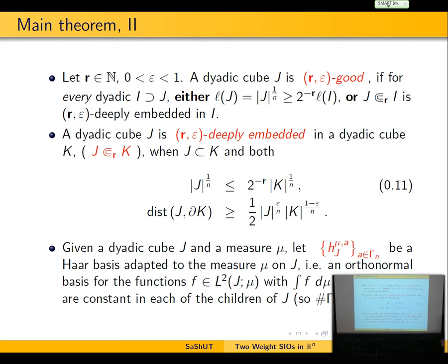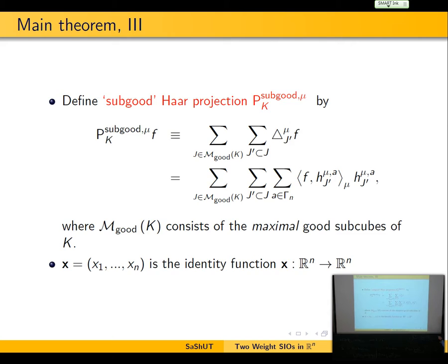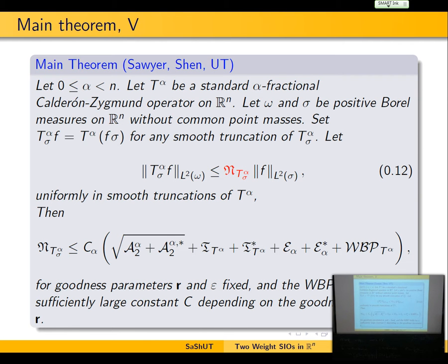Maybe I should skip for a moment these two slides, and I'll go back to them in a moment. So the theorem we get, Sawyer, Sawyer-Tolsa and myself, is that, again, you have positive Borel measures without common point masses. You have the norm inequality with the best constant. Again, it has to be understood uniformly in a smooth truncation, say.